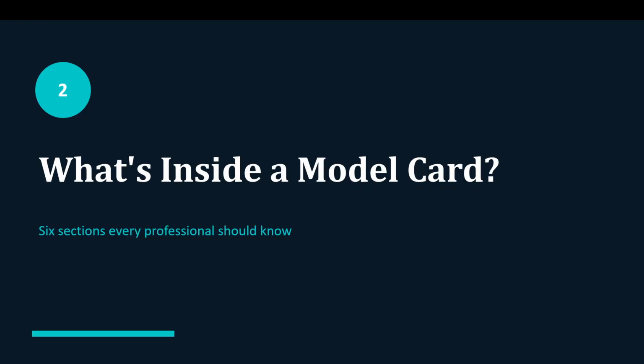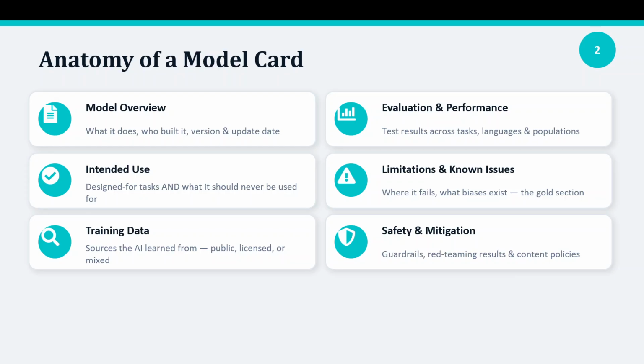Now, what's inside this model card, you may ask? Here's the breakdown. It contains a model overview, which tells us what it does, what type of AI it is, and what updates happened when it was last updated. It also contains an intended use section, which mentions the specific tasks and context this AI was designed for. The training data tells us what the AI was trained on, whether it was public internet data, licensed datasets, a mix, or whatever the case may be.